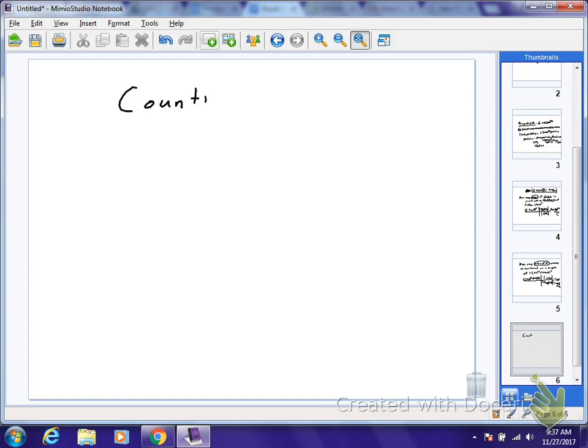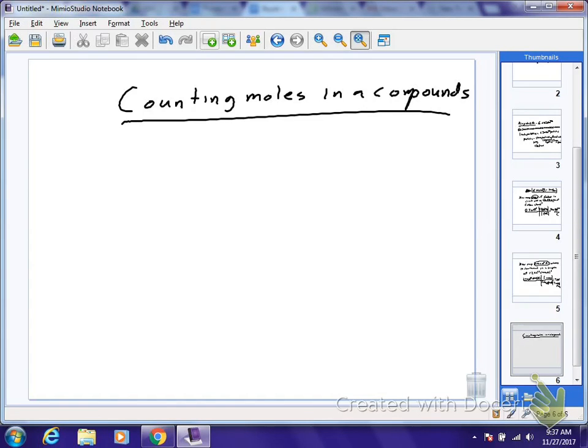Counting moles of atoms in a compound. So we're gonna deal with some compounds now. Now that we just dealt with single elements like aluminum and carbon, now we're going to do counting moles in a compound.